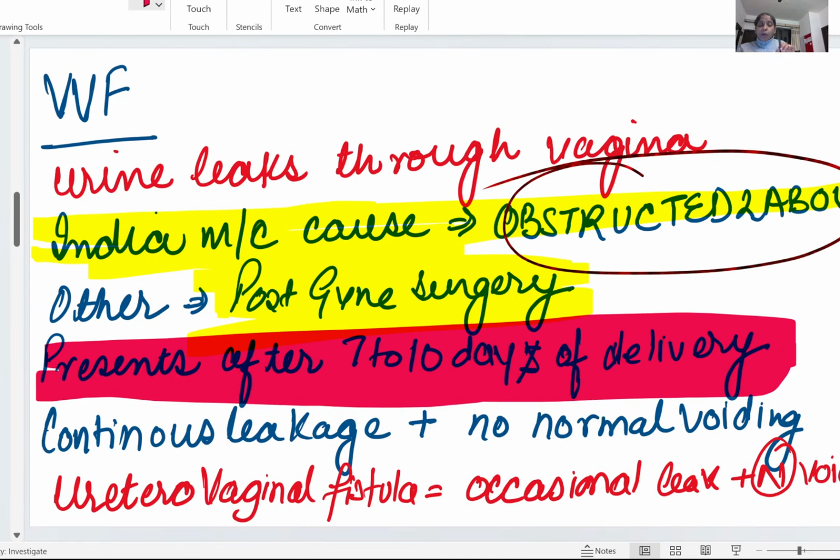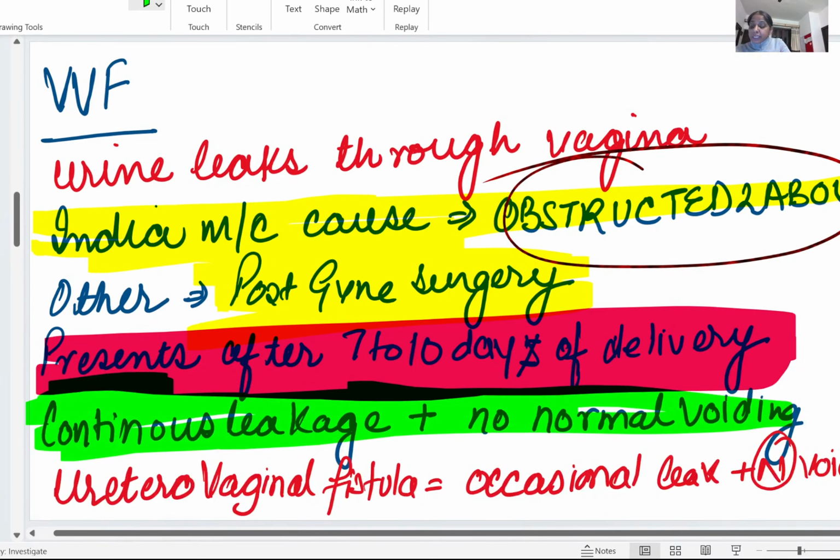Now, what will be the complaint of the patient? These 3 lines are very important.